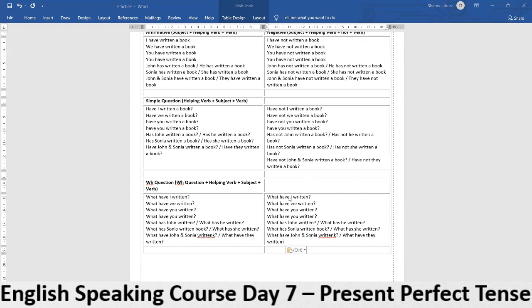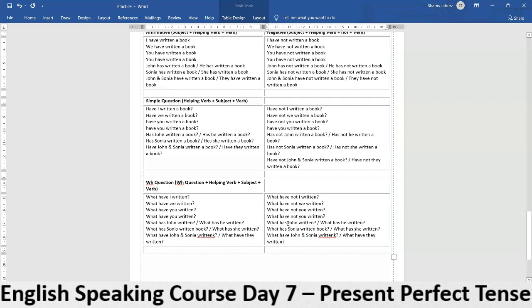You should be adding the word not right after the helping verb. What have not I written? What have not we written? What have not you written? What have not you written?